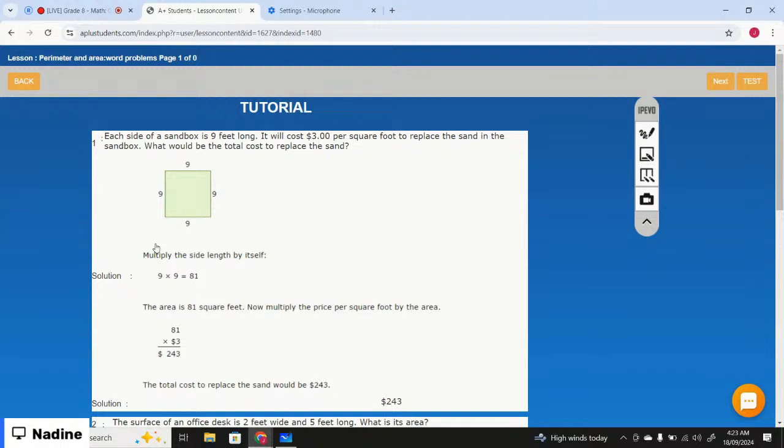So the area is side times side. You need to multiply it by the cost per square foot. So the answer is $243, right?